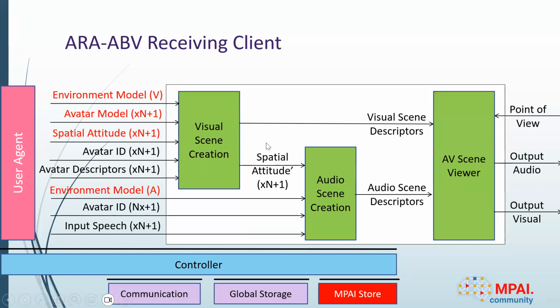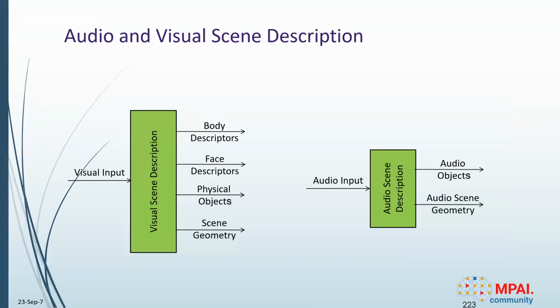But it also creates a passage to the audio scene creation, what we call a spatial attitude, which is the position of the mouth of the avatar, where the audio scene creation will place an audio source with position and orientation that depends on the avatar.